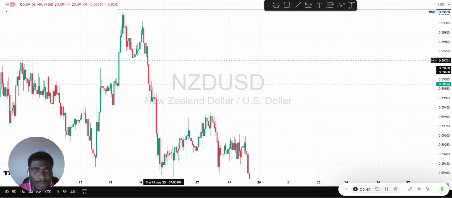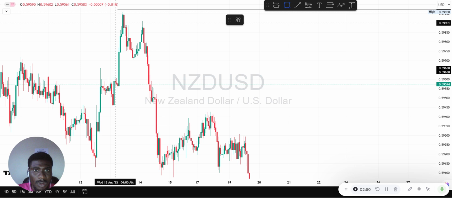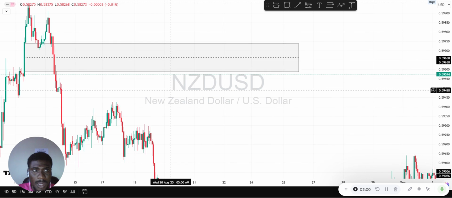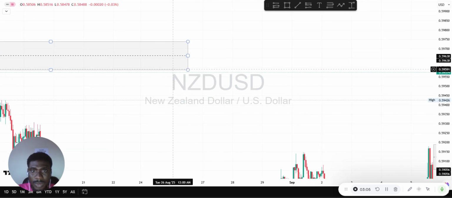You can see that we have an inverse fair value gap here, and an order block here that price is actually going to react to as well.